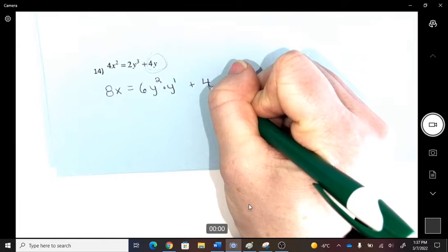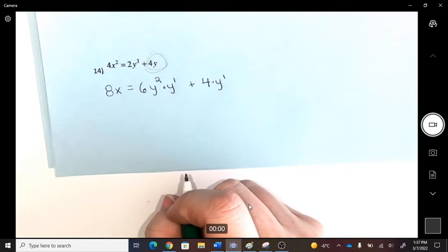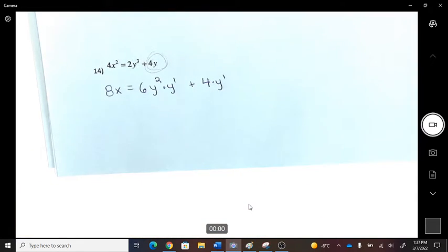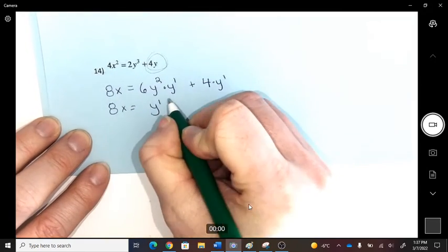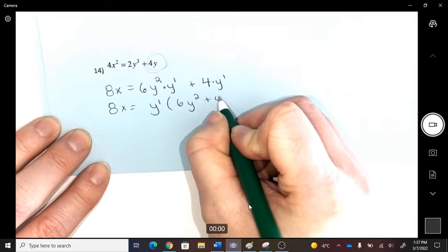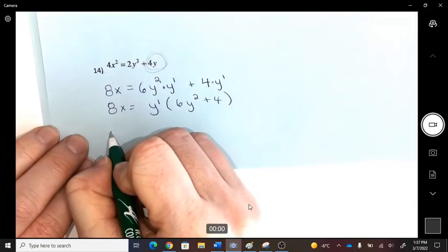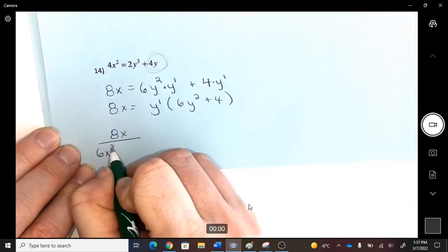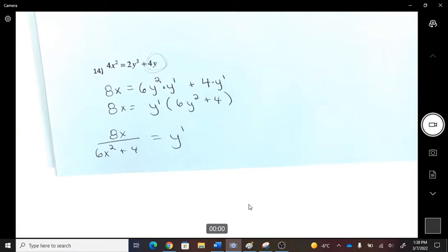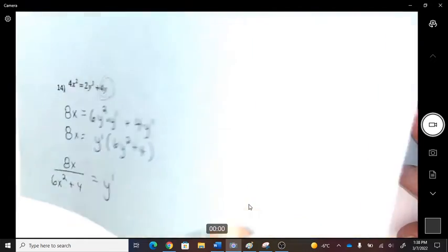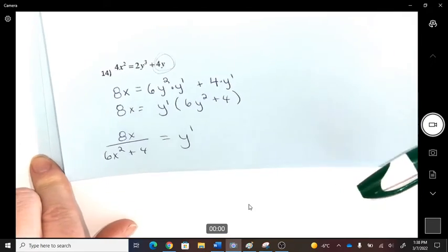Oh, but I derived a y, so I have to attach a y prime. Okay, at this point, I'm looking for all y prime stuff on one side, so it's already actually there. So once I GCF a y prime out, and then we can divide it out. Okay? Oh, good. I was going to say I'm going to have a little bit of a harder one on the test, but I see it on the next page.